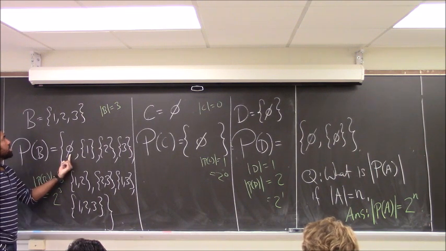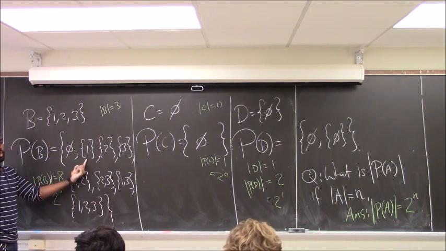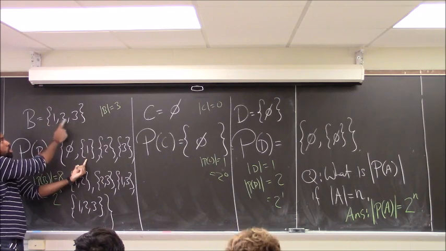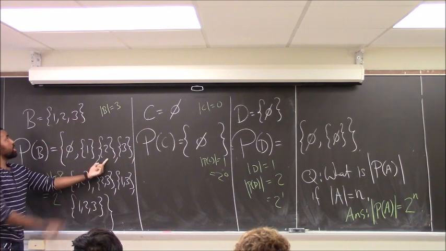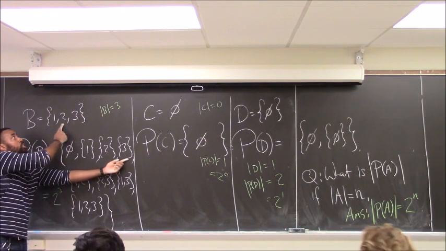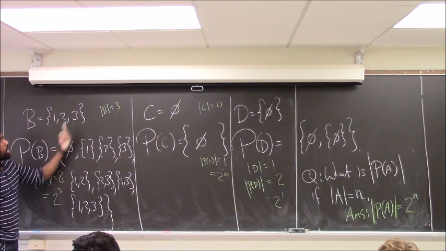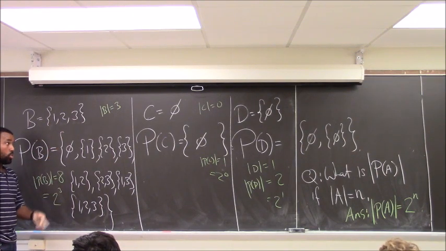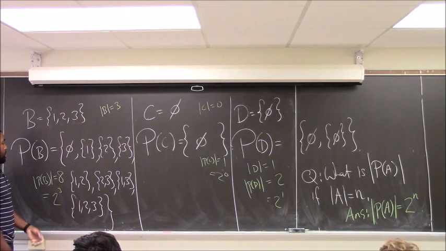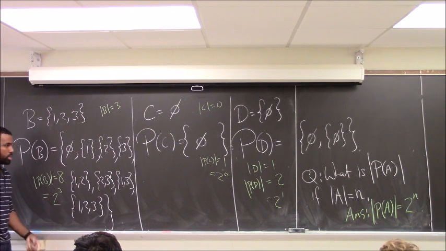The empty set means it made the choice no for everyone. This set means it made the choice yes here, but no here and here, and so on. Because there are 3 elements and you're choosing yes or no, you have 2 choices for every element, which means 2 times 2 times 2 choices. You'll have 2 to the 3 choices.